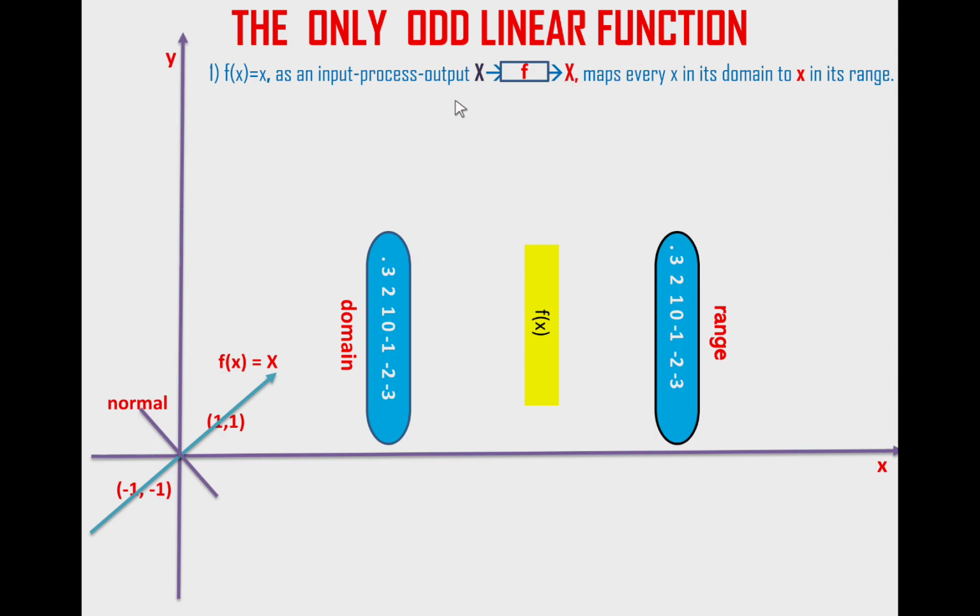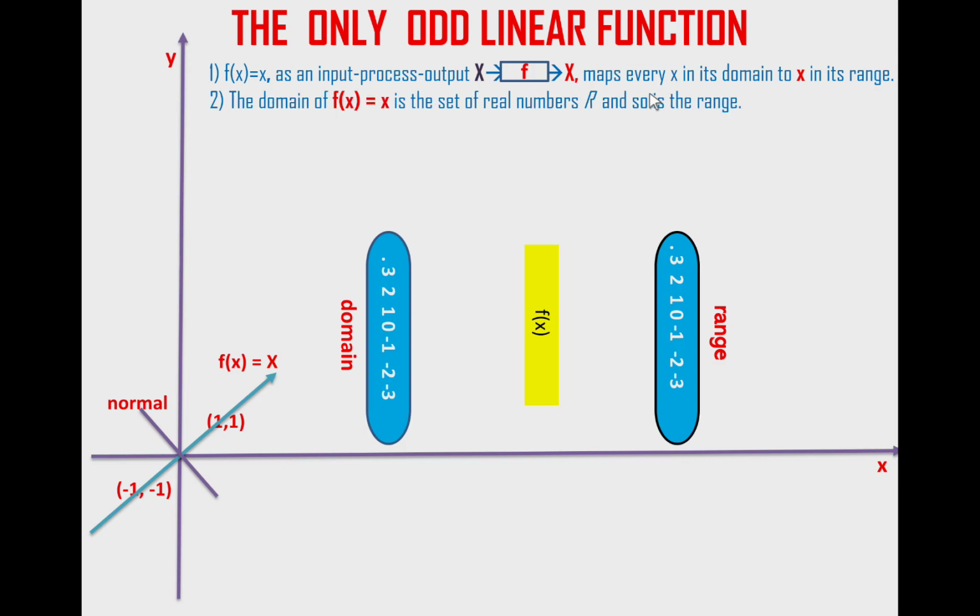And we can map this to what we use in calculus: domain feeding a function, and in return the function will map to the range. So whatever the function receives from the domain will be mapped to the range. And that is what we mean over here. F of x equal to x maps every x in its domain to x in its range.